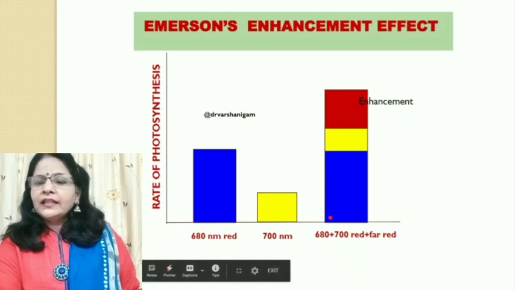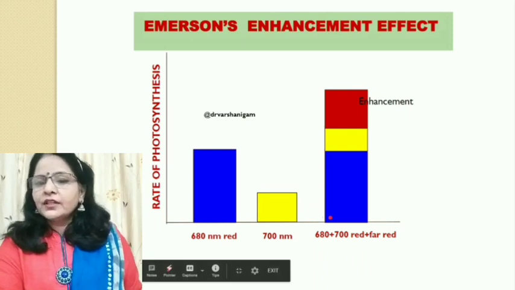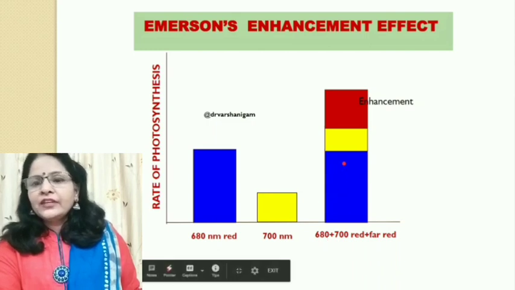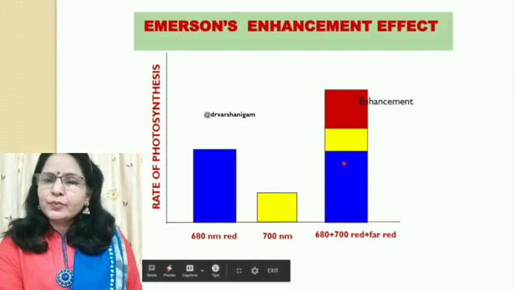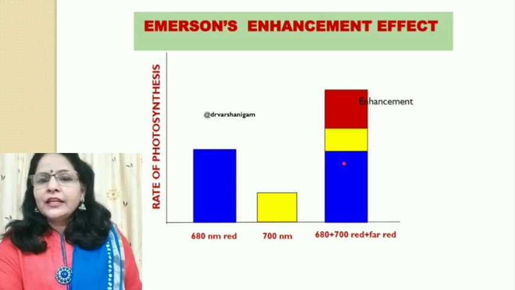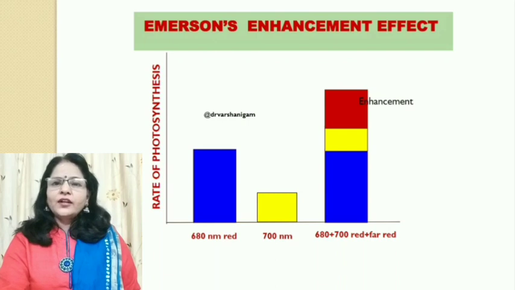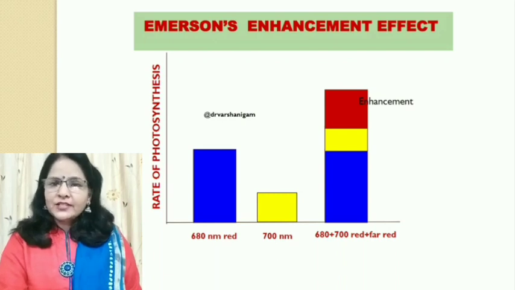And when he gave both lights, red light and far red light, that means 680 nanometer and 700 nanometer light together, he found drastic enhancement in the yield of photosynthesis, or quantum yield. This is called Emerson enhancement effect.